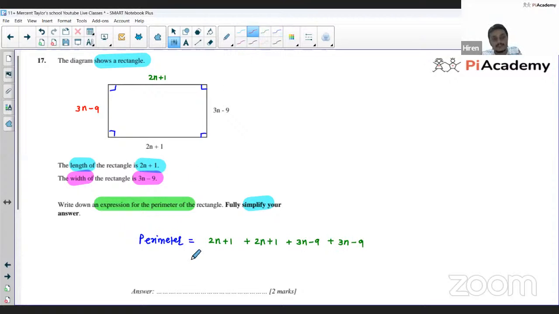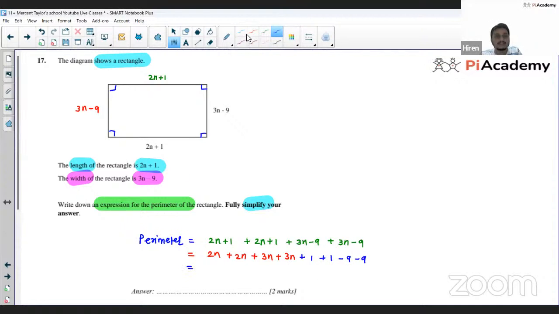As we all know, we are going to combine the like terms. So I write 2n, then one more time 2n, the same way 3n, and then the last 3n. These are the n terms. Now write the number terms: the first one is 1, the next one is again 1, then minus 9, and then minus 9.